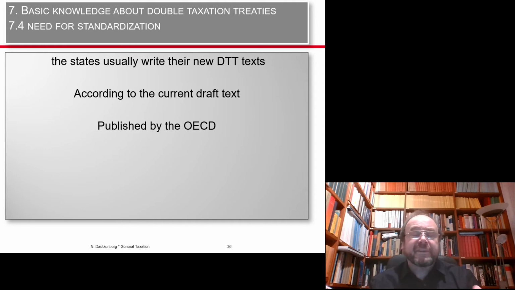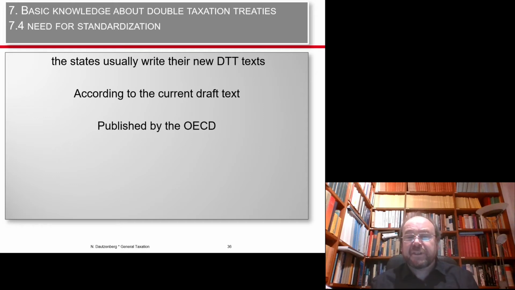Only new treaties will then follow the new OECD proposal, so that in the course of time more and more newly made treaties or updated treaties follow the OECD text, because the OECD text is only a recommendation of independent experts officially, not a law, so it has no force to change existing legal text between states.